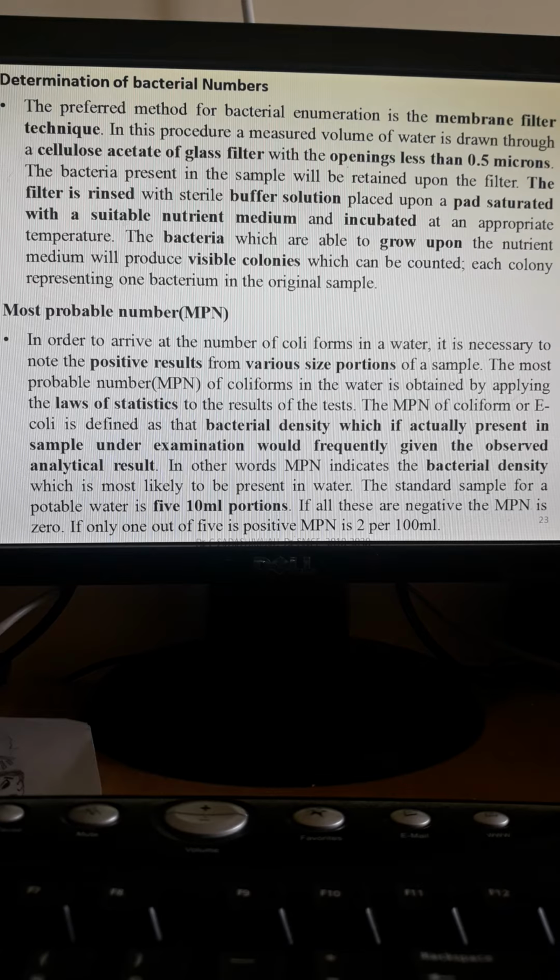On the previous day, we were talking about the determination of the bacterial concentration in any given water sample. Among various methods available, most probable number is another way of expressing the determination of the bacterial concentration in drinking water or any other water sample.